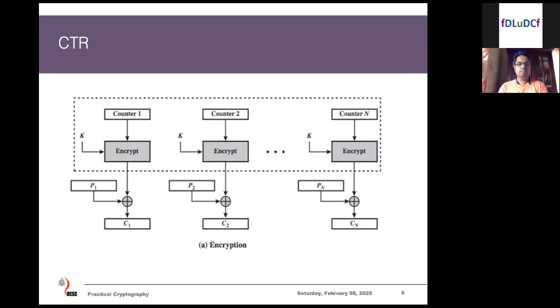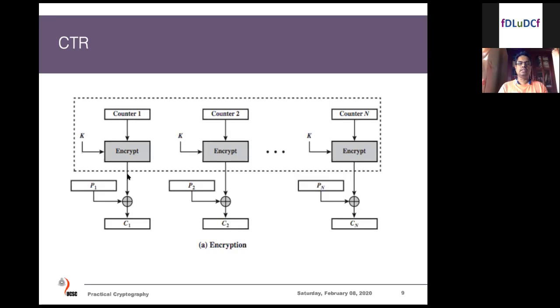But a popular mode we use today for most applications is CTR mode, counter mode. Counter mode has various operations, and various cryptography protocols we use today use counter mode. In CTR mode, I said it creates a set of initial counters.